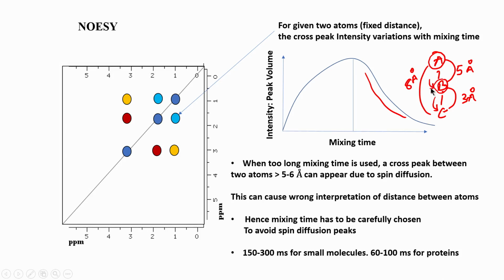So, this intermediate spin is helping to transfer from A to C.